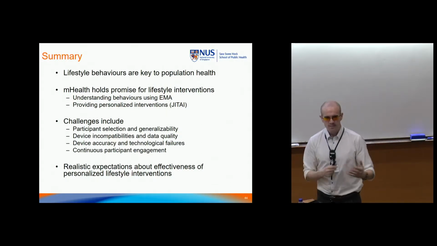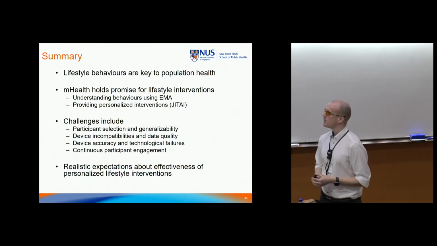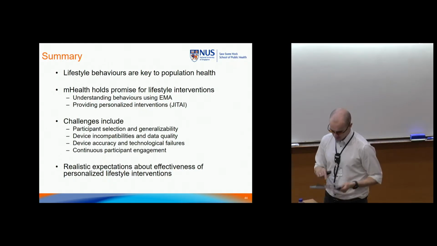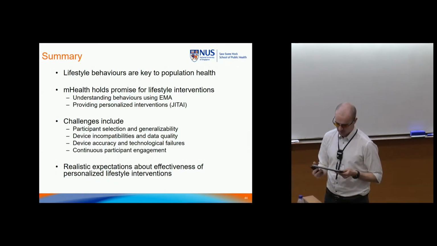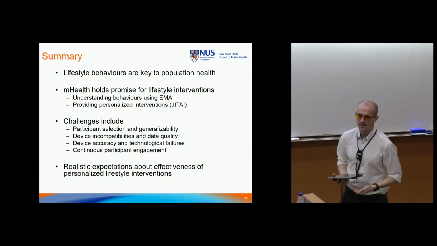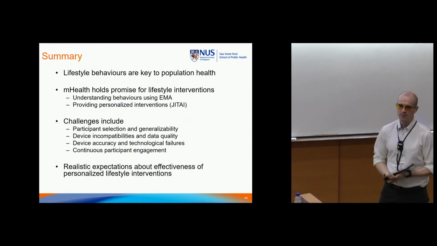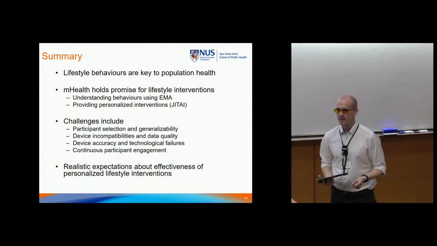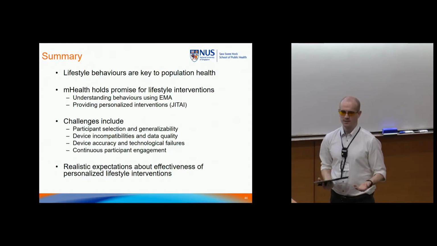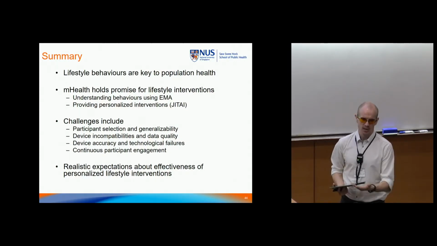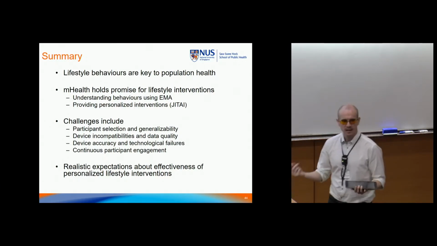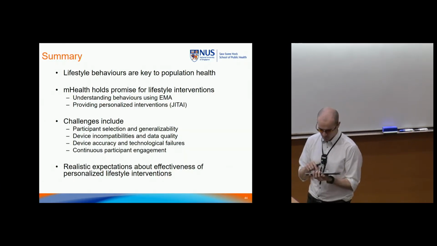I tried with the examples I've shared with you to highlight a few of the challenges that we have identified in our research, and I'm sure others have identified similar challenges, but perhaps also some other challenges. An important one for us, coming from a population health perspective, is generalizability. Will the data that we are generating be generalizable to the population? What does it tell us for the entire population, really?